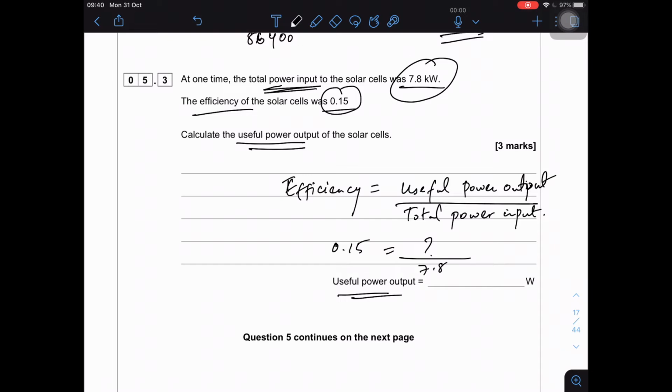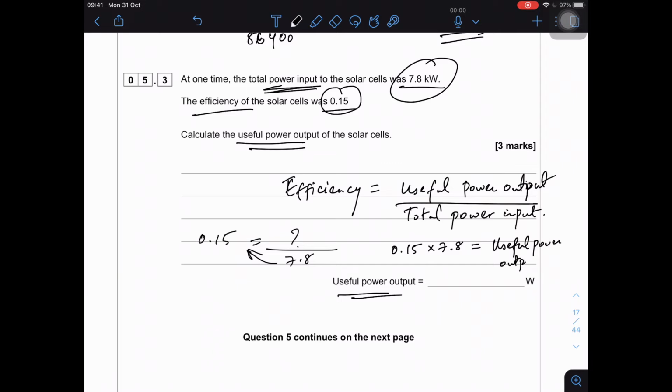So again, you're going to multiply 0.15 times 7.8 gives you the useful power output, and your answer should be 1170 watt.